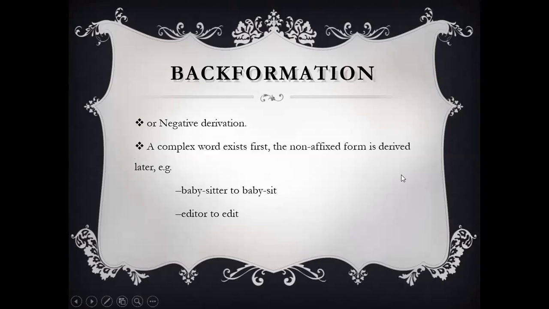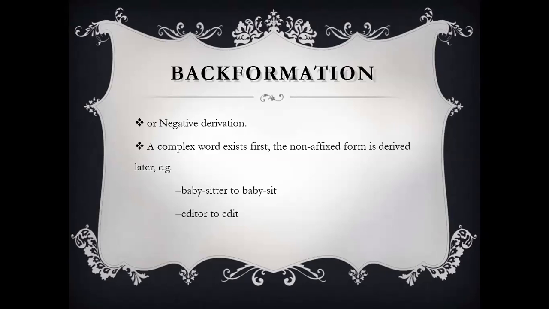So back formation. Back formation is something like negative derivation. A complex word exists first, then the non-affixed form is derived later. So there was a word with all maybe affixes, morphemes, a complete word, but then it is shortened somehow and just leaves without any affixes.